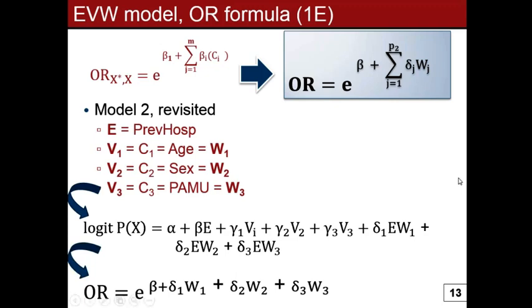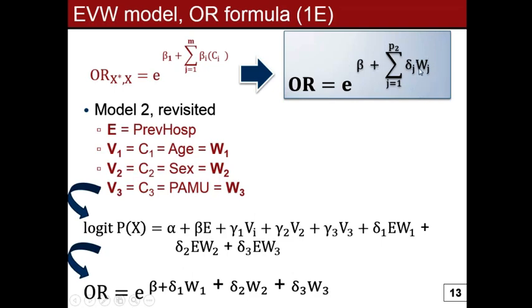Do you remember this pattern that we saw before in the odds ratio expressions, that the confounder terms, these things that were just by themselves that had no exposure in them, they all canceled out in the odds ratio expression? They all just go away. Well, that's again what this is saying here. There's no V's in this formula. It's just e to the beta plus the sum of the deltas times the W's.